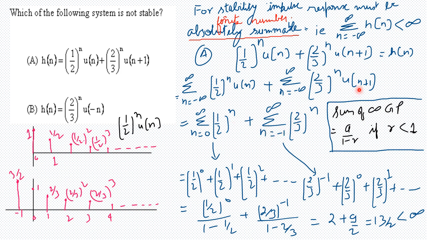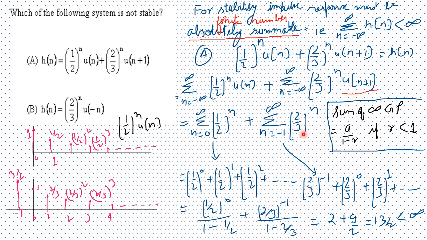In a similar way, you can do that for the other signal, where it is u[n+1]. This will be non-zero from minus 1 onwards, so we can revise the limit from minus 1 to infinity, and for values greater than or equal to minus 1 this will be 1.